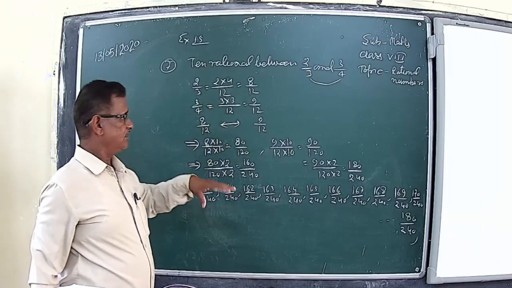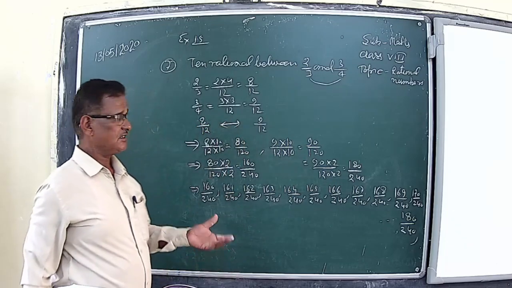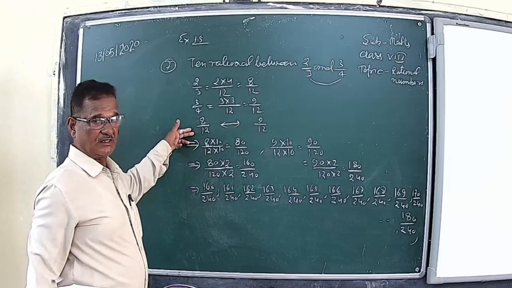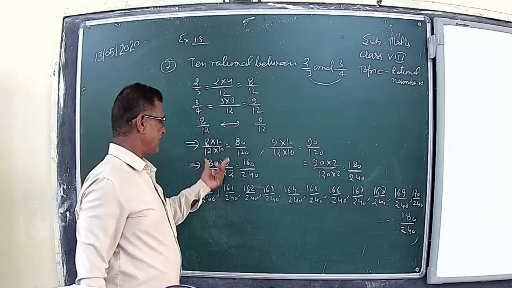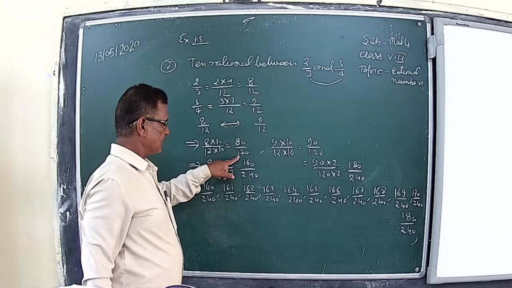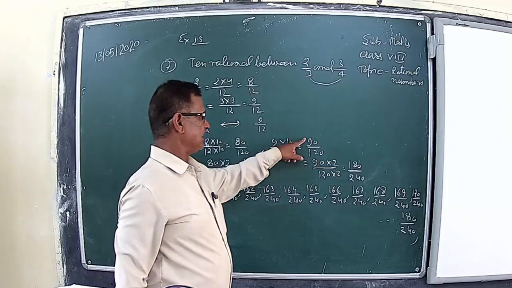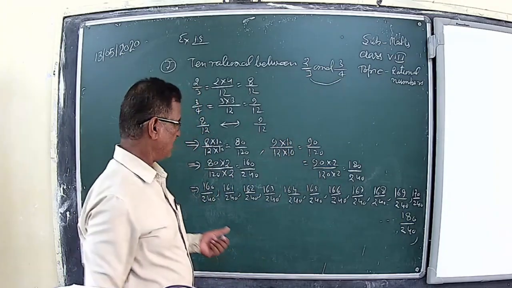This way, if there is no integer coming between the numerators of the equivalent fractions, after 8 comes 9, it means no integer will be found between these equivalent rational numbers. Change into higher rational numbers: multiply by 10 with 8 and 12, 80 by 120 and 90 by 120. Then also I do not get the required number of rational numbers.